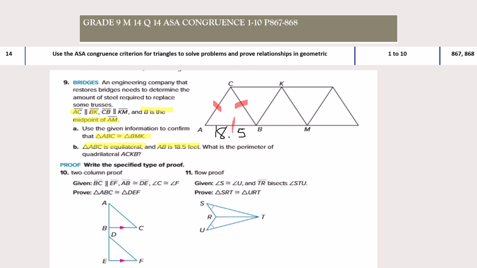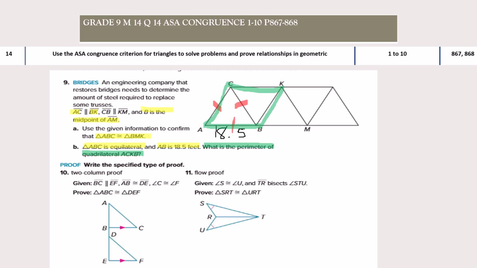But the question here is focusing on what is the perimeter. So they don't want area here. They're looking at the perimeter of quadrilateral ACKB. So they want the perimeter of this.